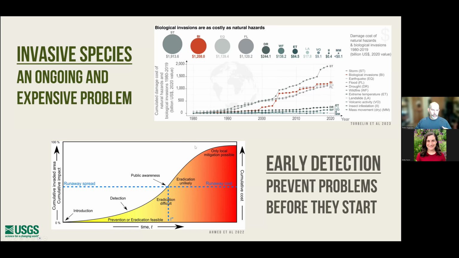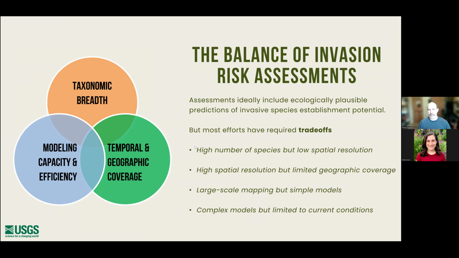And one way that we can try to do that is through invasion risk assessments. One of the ways that we do that is by balancing these aspects of invasion risk assessments, or we can think about how they've been balanced in the past. That's looking at what's the scope of these risk assessments?